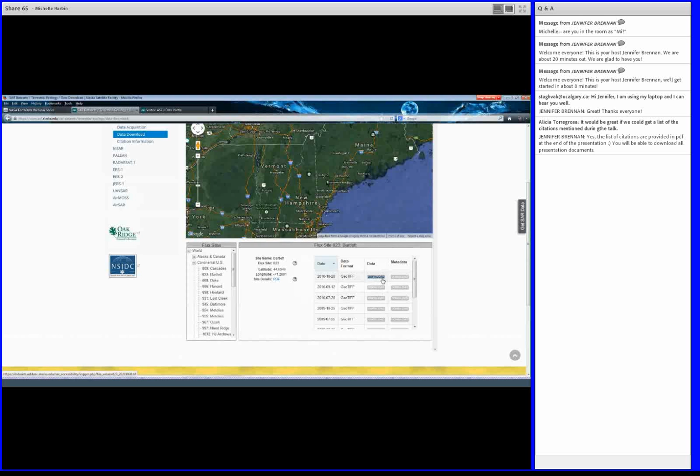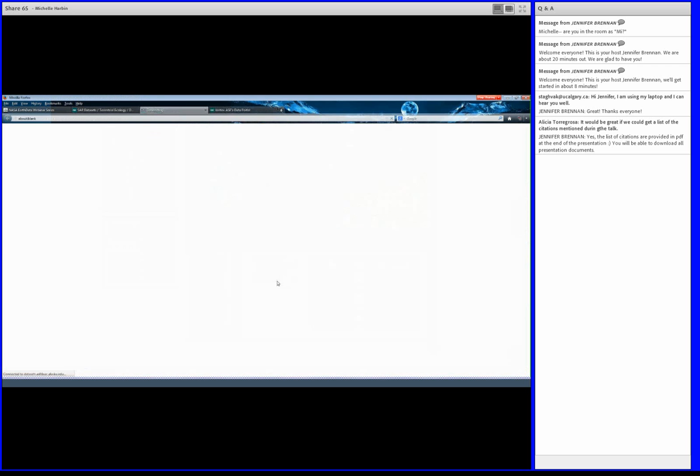The data that's available appears in this area here beneath the map, and you can download either the metadata as an XML file or an actual data file as a GeoTIFF for use in your GIS. Also, there is a PDF file that is available that just gives you a brief description of an interpretation of the data itself.